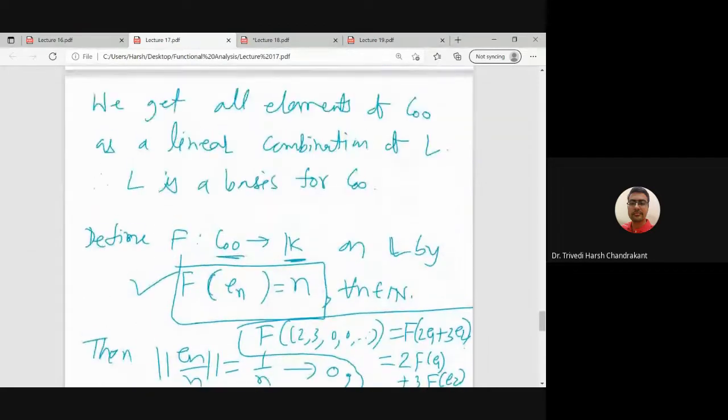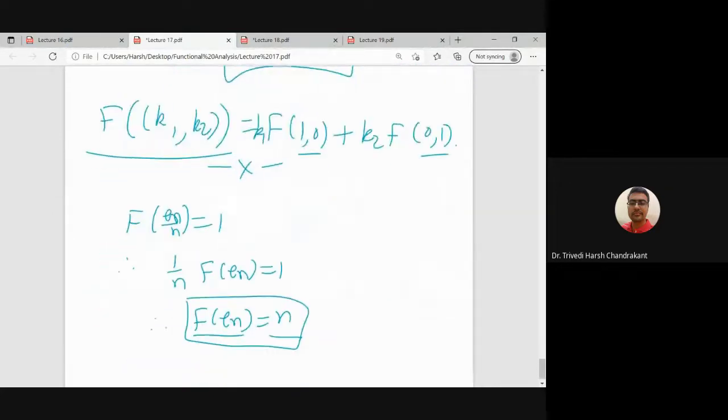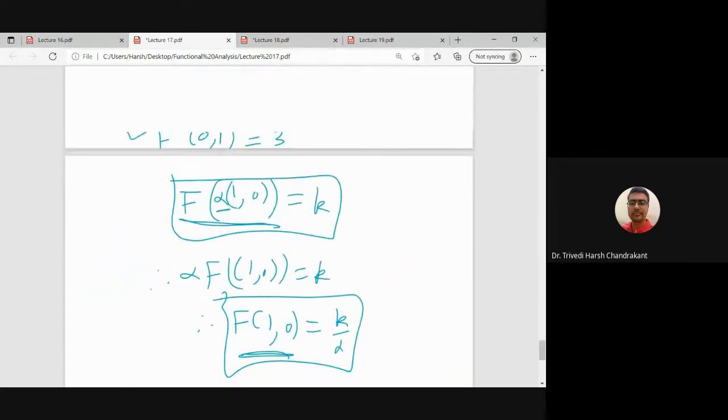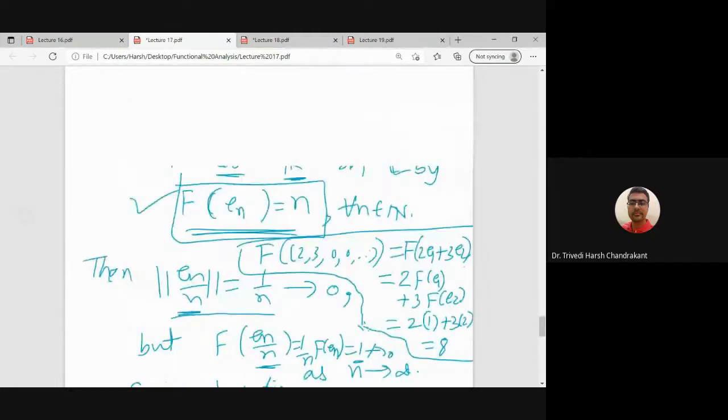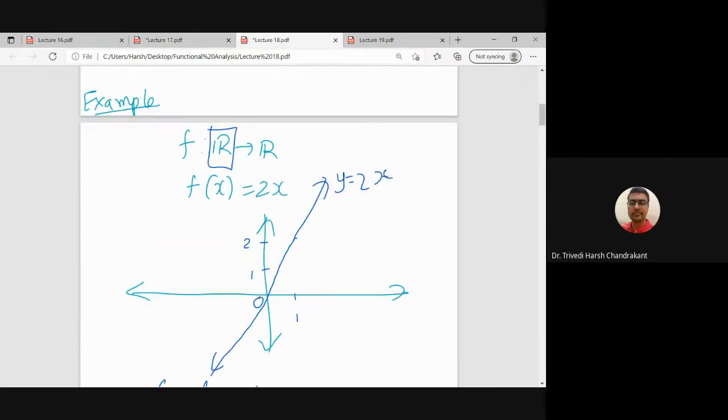We define f of en is n, right? Any linear combination of the basis elements is of this form. That means we have this type of sequences. So what will be the expression of the function on this?